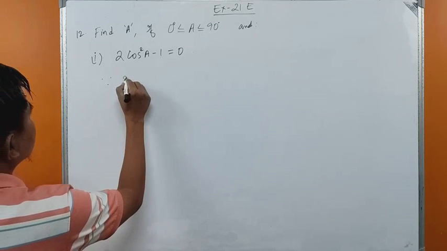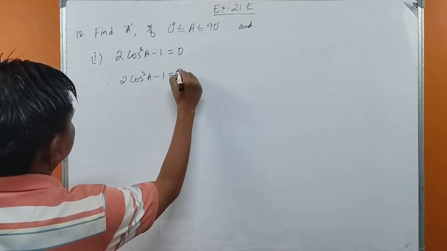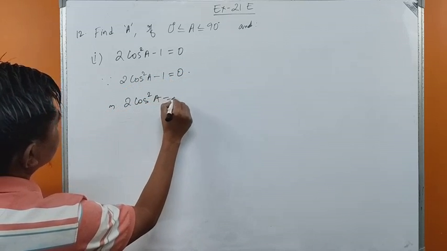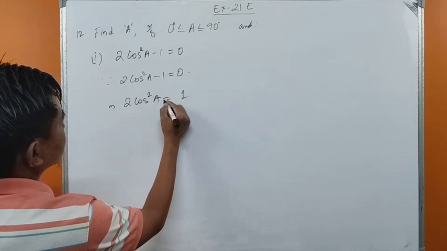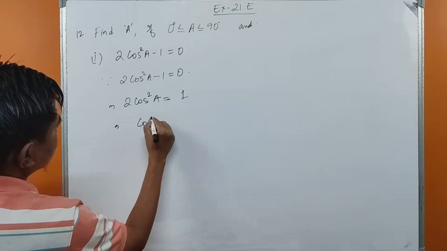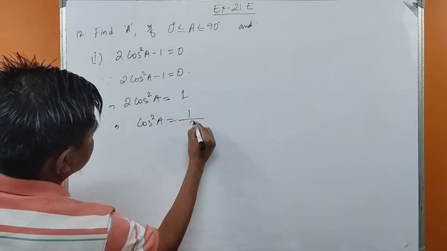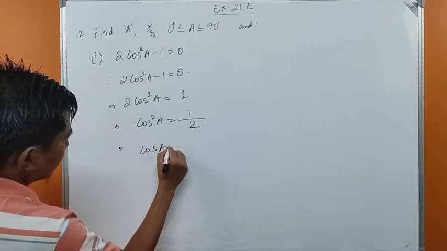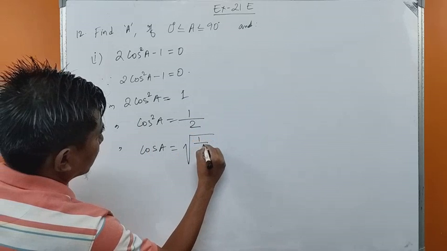Since 2 cos square A minus 1 equals 0, or 2 cos square A equals, let's take this minus 1 to the right hand side, we have plus 1 here, isn't it? Minus 1 becomes plus 1, or cos square A equals 1, this 2 goes to the denominator, 1 upon 2, or cos A equals, this square when we take to the right hand side becomes root under 1 upon 2.